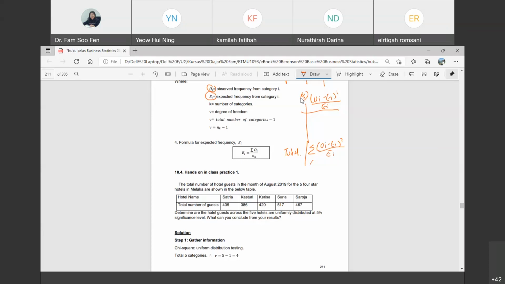So this one will be your test statistic. That is easy, right?